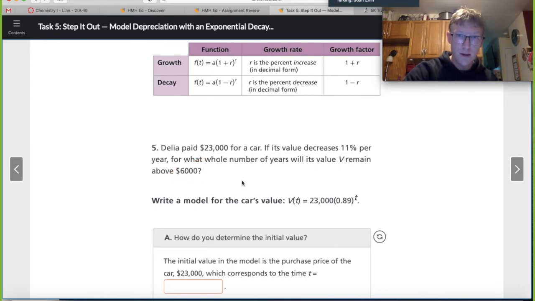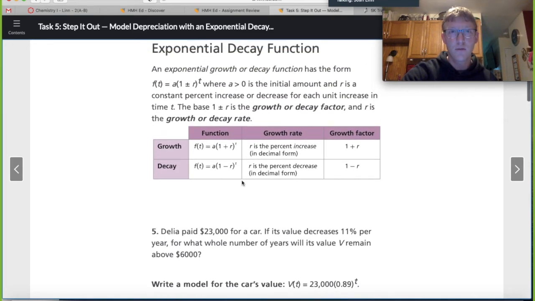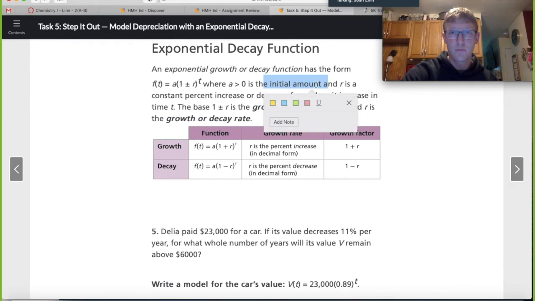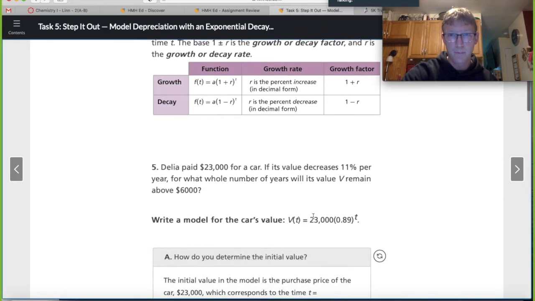Anyway, so let's write the model for the car's value. So our A is the initial value. That's right there. If its value decreases 11%, so let's see here. 11%.